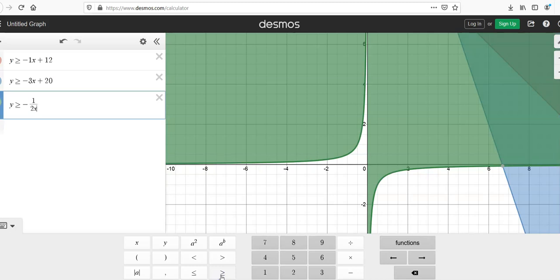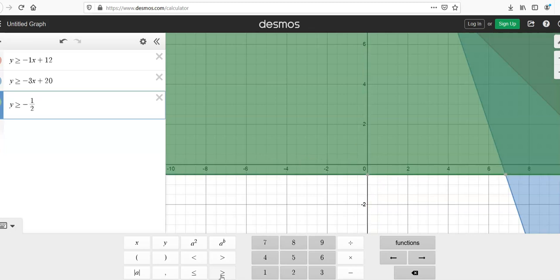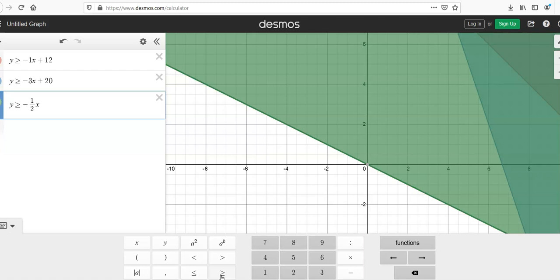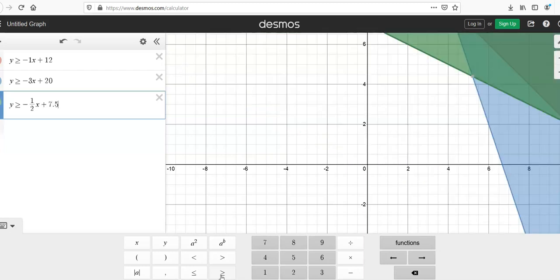Oops. Now notice that my x went down in the denominator. That is not where you want it, because as you can see on our screen, that is not making a straight line. So what I forgot to do is to, once I put my 1/2 in, arrow to the right so the cursor comes next to the fraction, then put my x, and then plus 7.5. So there are my 3.